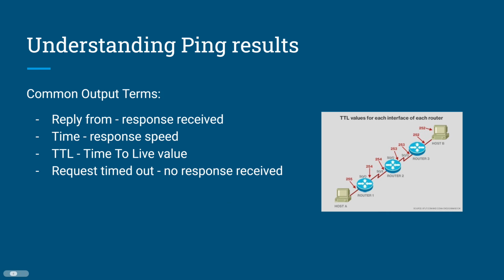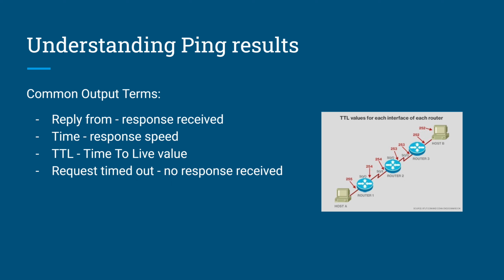Okay, now understanding ping results. Here are some common output terms whenever you put ping into your command line. Reply from is the response received. The time is obviously the response time. Time to live. The time to live value is pretty important.